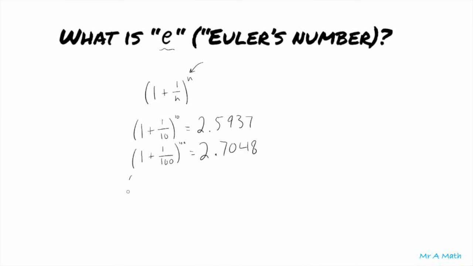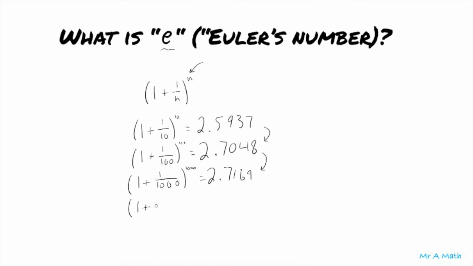And then if we do this again and raise it to another power, let's say 1,000 this time, my answer comes out to 2.7169. So you can see this number is growing a lot faster from here to here than it is from here to here. Well, let's look at one more example.